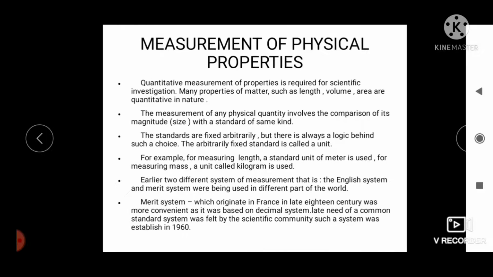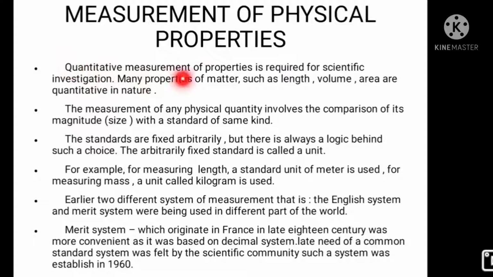In this section, we will learn about measurement of physical properties. Quantitative measurement of properties is required for scientific investigation. Many properties of matter such as length, volume and area are quantitative in nature. What are the quantitative properties of matter?